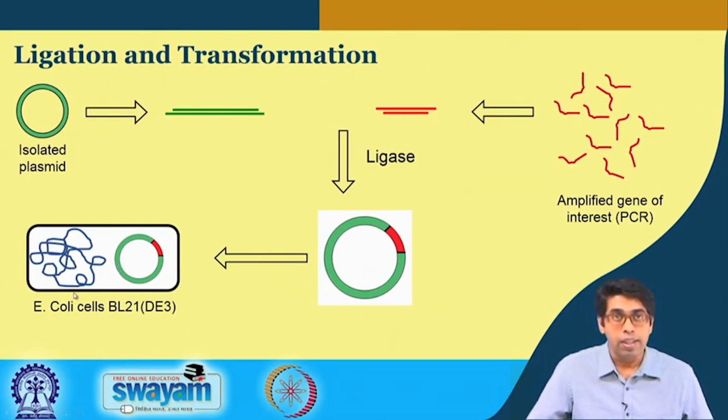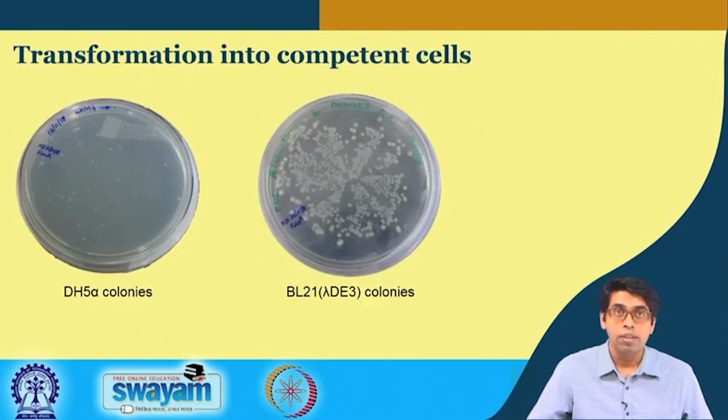So, the E. coli cells which have this vector will survive and all other cells which do not have this vector will die off. So, you transform your bacteria with this vector, you plate it on an agar plate, put it in an incubator at 37 degrees centigrade overnight and come back next morning to see whether you get colonies.